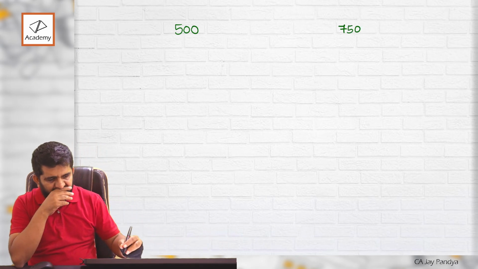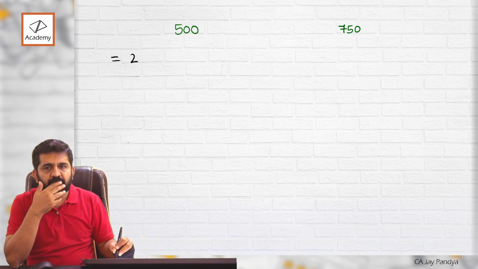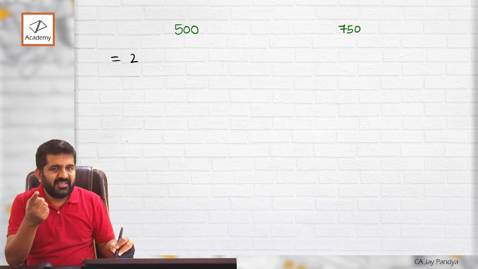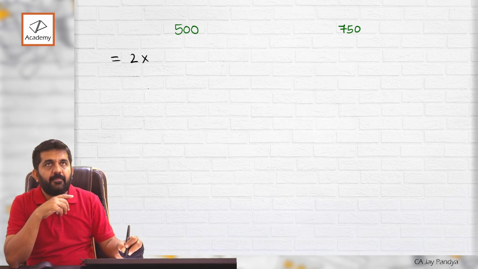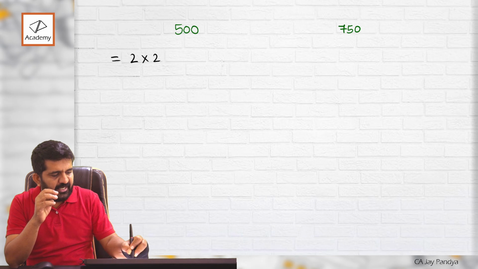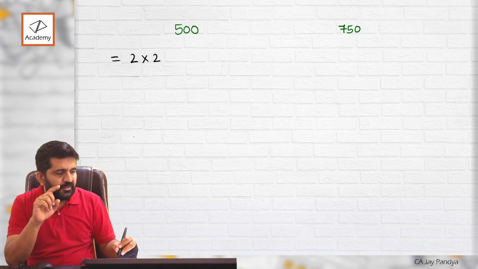Right? Let me first factor it. 2. If I do 2, it will be 250 remaining. 250 remaining, so again 2. 125 remaining. Now once 125 is remaining, now 2 will not come.